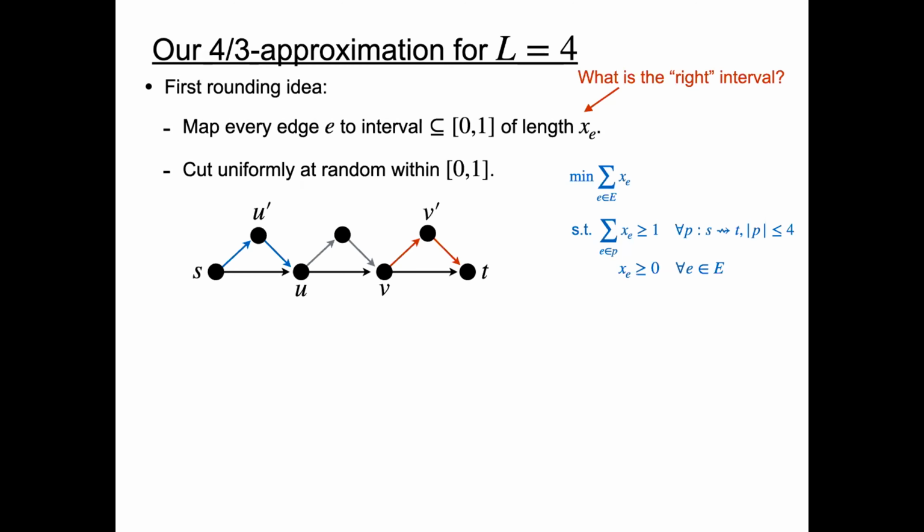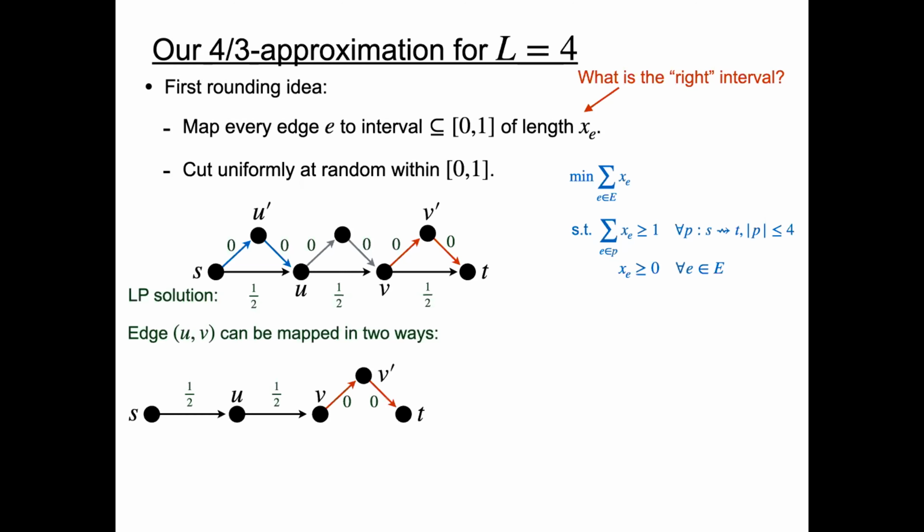So just to illustrate that, let's look at this simple example. And here's a feasible LP solution. You can watch the recording later and check feasibility if you want. But the point is that this middle edge UV can be mapped in two very natural ways to an interval.